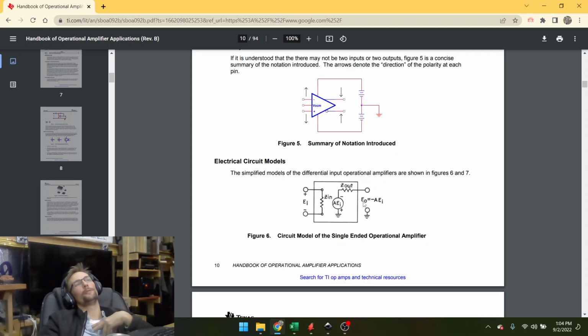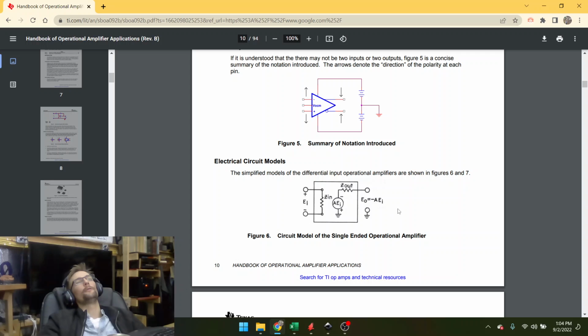So your output voltage, E_out, is going to equal, and see how the polarity of your voltage source here is positive, is on ground, so it's going to be negative A times E_I. This is with no load.